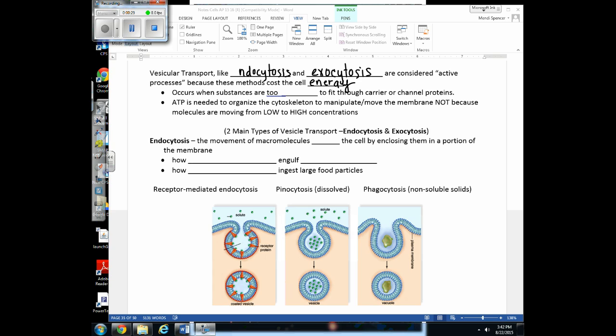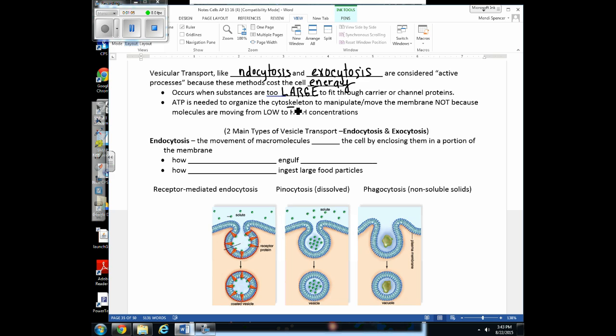And vesicular transport is used for substances that are just too large to fit through a carrier protein or a channel protein. Now, I want to point out that it's not costing the cell energy because substances are being moved from low concentrations to high concentrations. Substances might be moving from high to low concentrations or low to high, but the energy need comes from the movement of the cytoskeleton to move the membrane so that these vesicles can form.